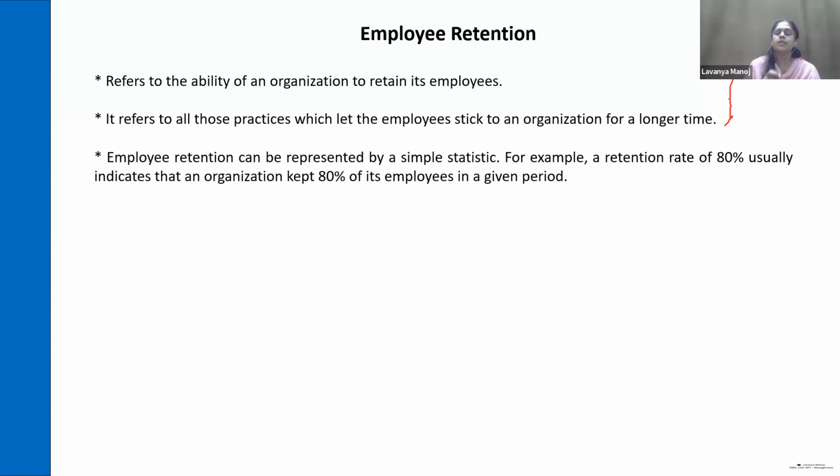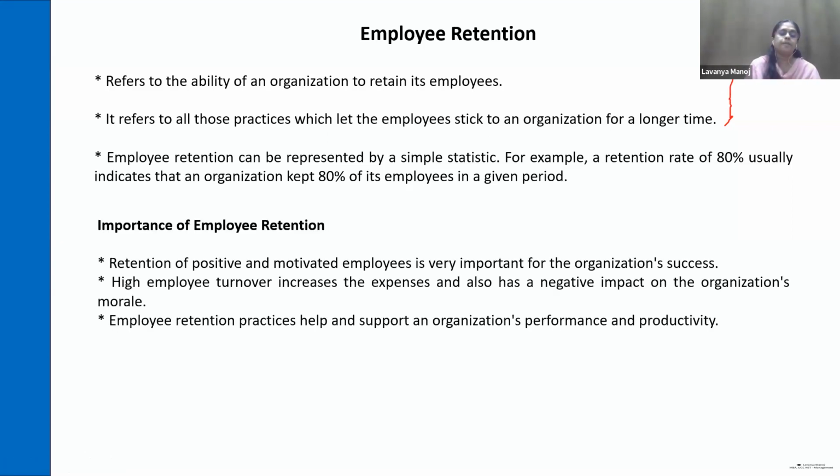And it's represented by a simple calculation. So if a company says 60% employee retention has taken place in a particular period of time, it means out of 100, they have retained at least 60 employees in their organization for that period of time. So what is the importance?